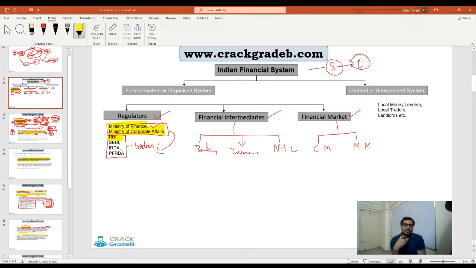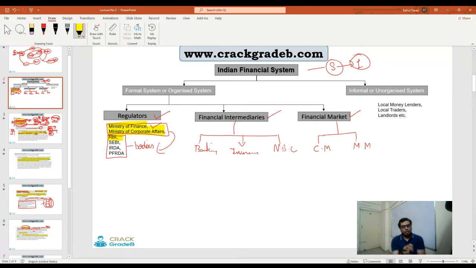If I say which is the single most important organization of any country's economy, not only India, any country's economy, the single most powerful organization, I'm not talking about the ministry, I'm talking about the organization, then that is the country's central bank. That is why it is known as a central bank.